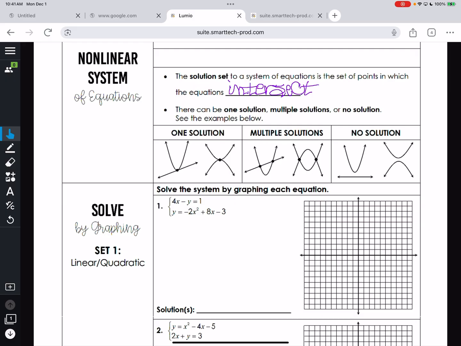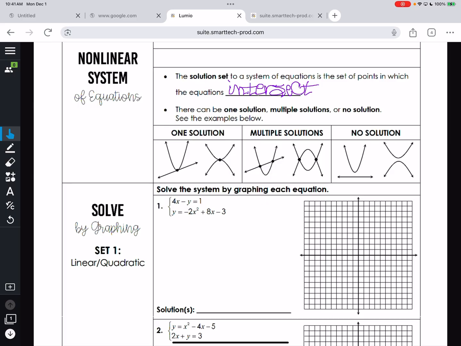And then we need to put 4x minus y equals 1 into what format? Y equals mx plus b. So we graph both, and we're looking to see if or where they intersect.